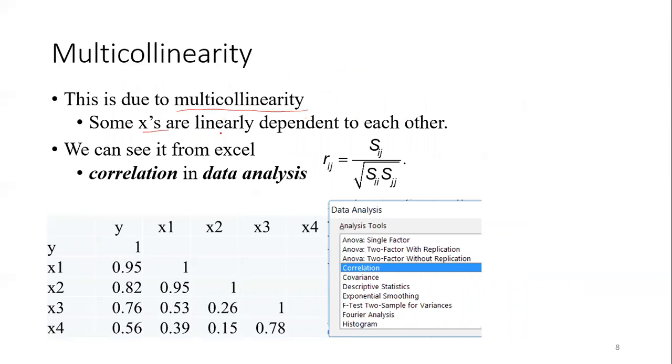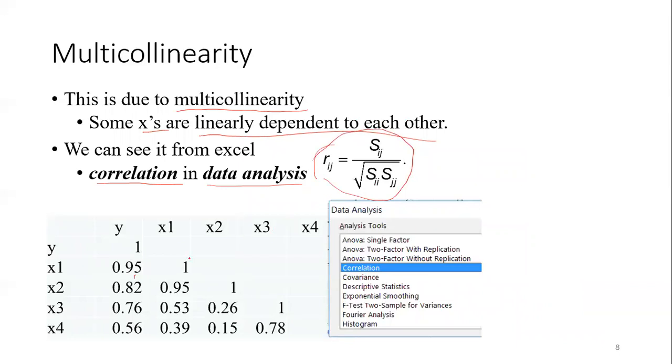Some x's are linearly dependent on each other. Okay, so if you just go to Excel and click Data Analysis and click Correlation there, it will give you the correlation coefficient, which is Rij.